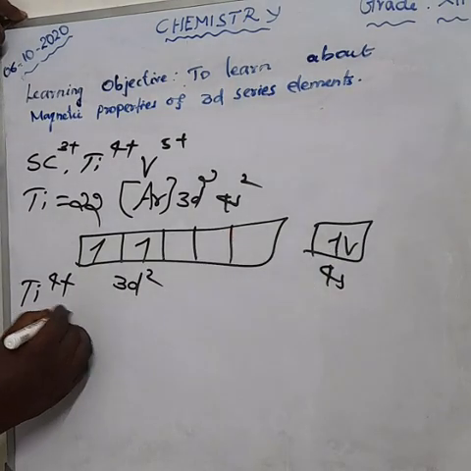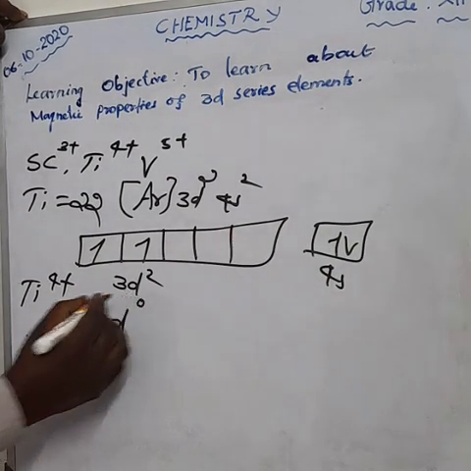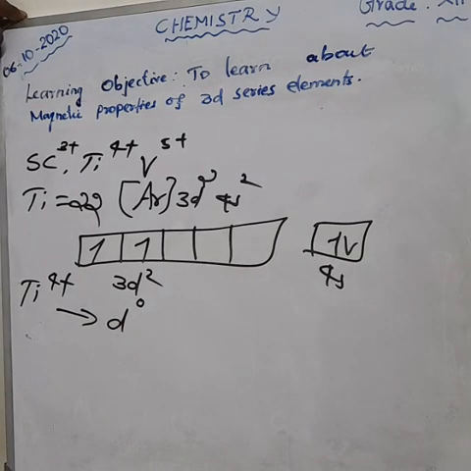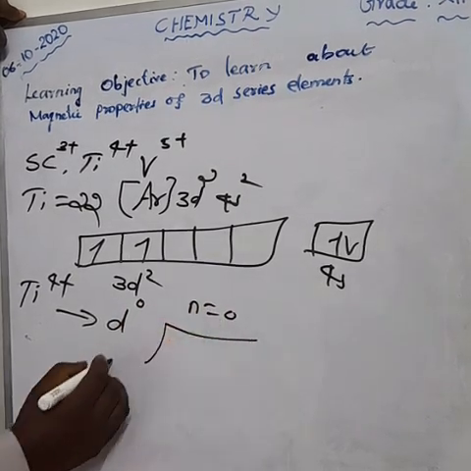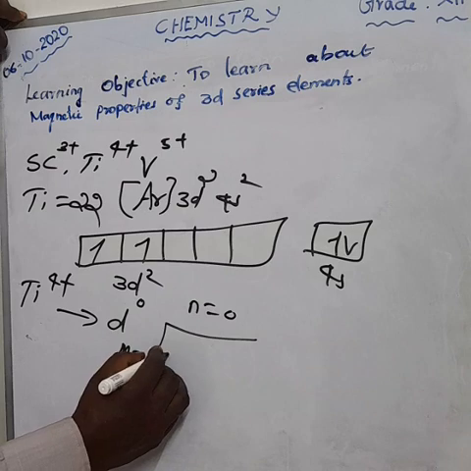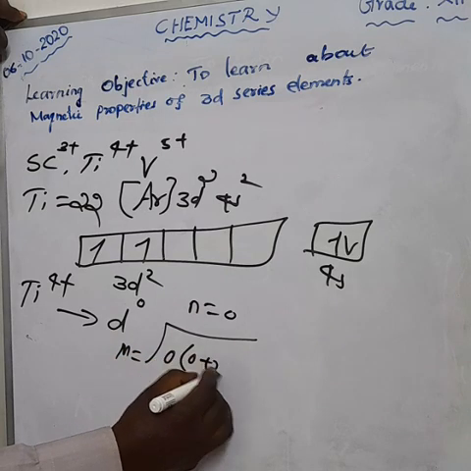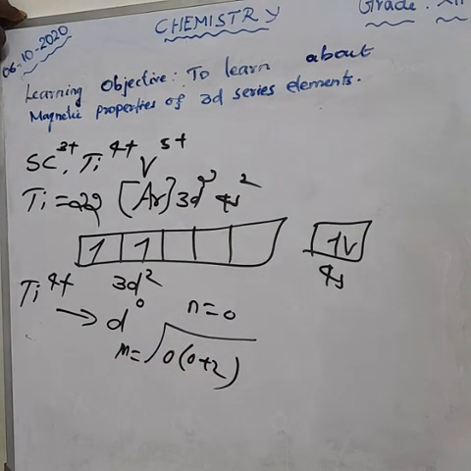So we get d0 configuration. Here the same value: mu is equal to root of n into n plus 2, where n is equal to 0. That's the formula.